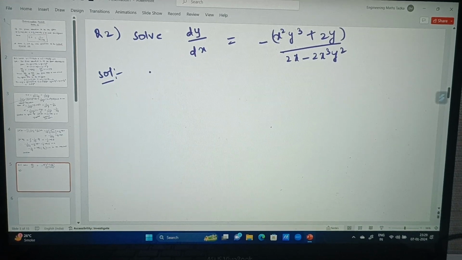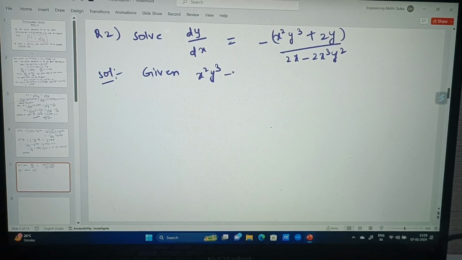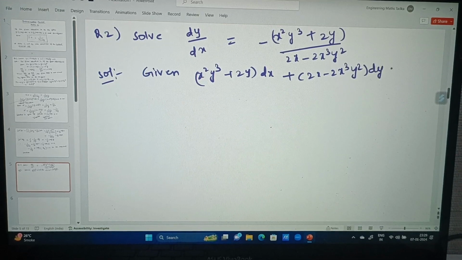So what is given by observation? You can write the given equation as x square y cube plus 2y into dx, क्रॉस मल्टीप्लाई किया है तो आपको ये ऐसे दिखने वाले हैं. Then plus 2x minus 2x cube into y square into dy is equal to 0. Okay, when you are writing it in the equation form, minus will become plus here, isn't it?